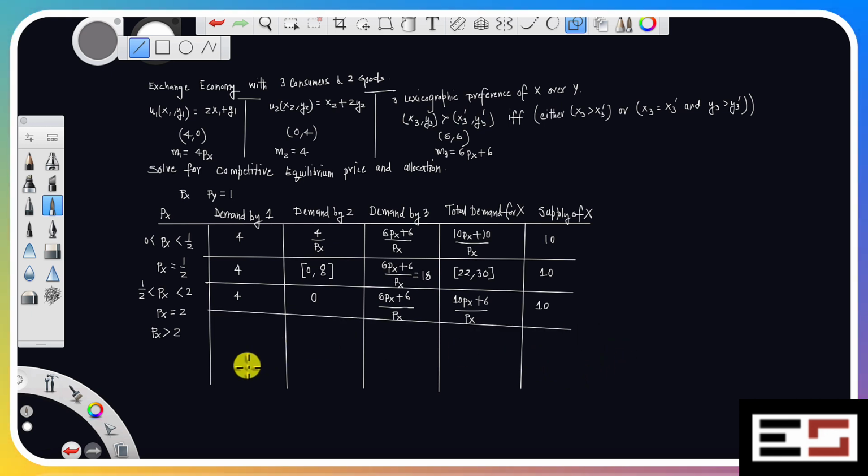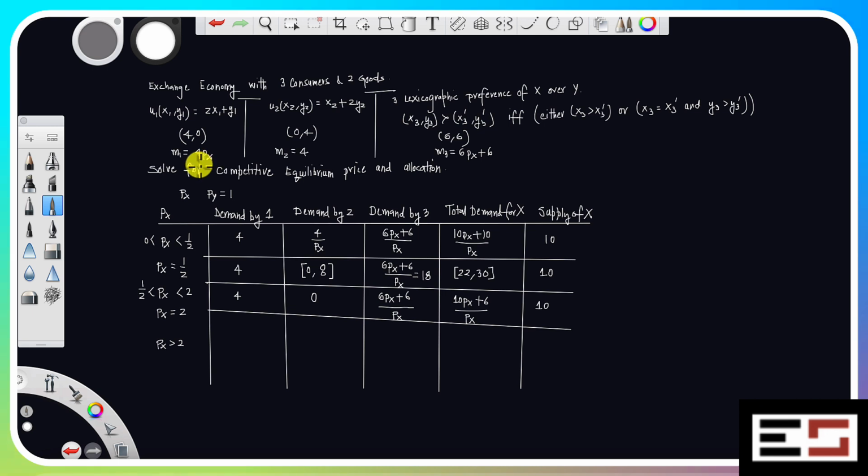Now the next case is px equal to 2. In case of px equal to 2, consumer 1, if you see, MRS is exactly equal to the price of X, so MRS is 2 and px is also 2.